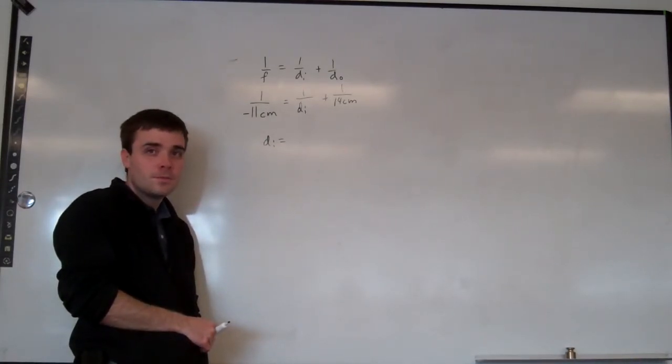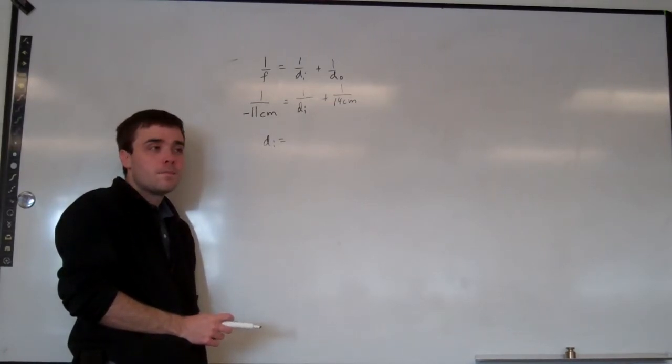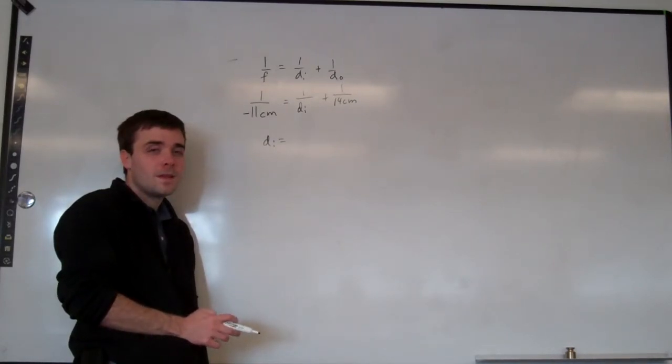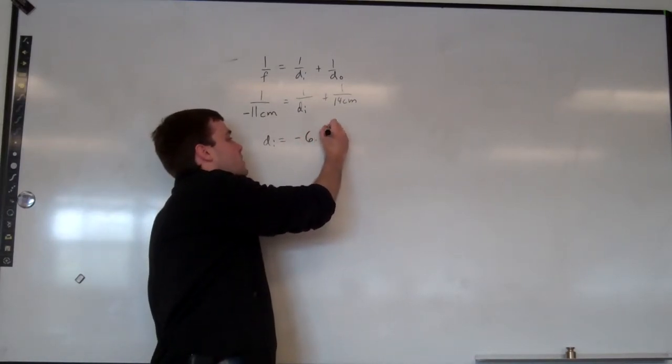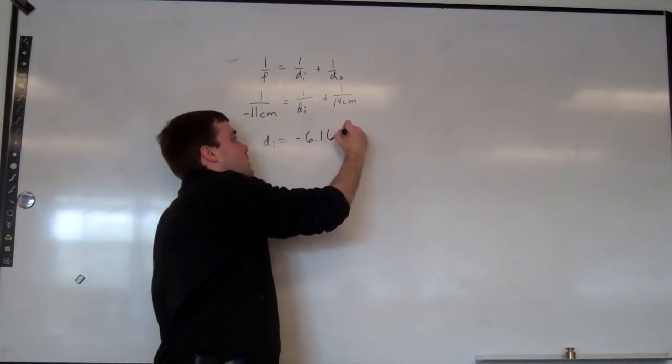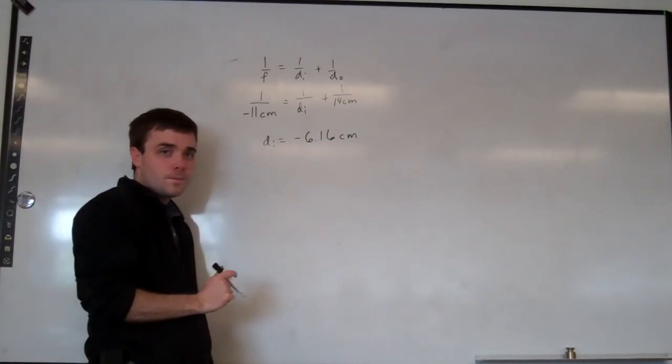No. With a diverging lens, you always get a virtual image. I think it's negative 6.16. Sounds right. It is 6.16 centimeters. So is our image real or virtual?